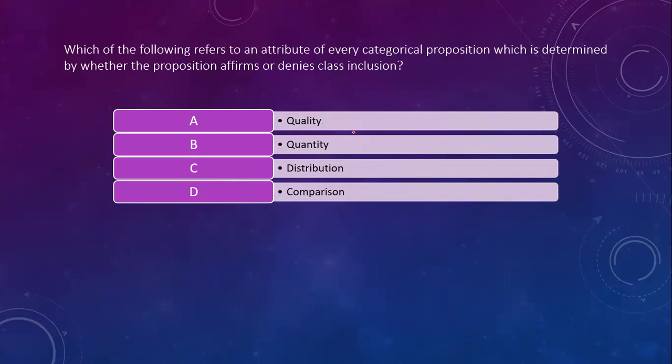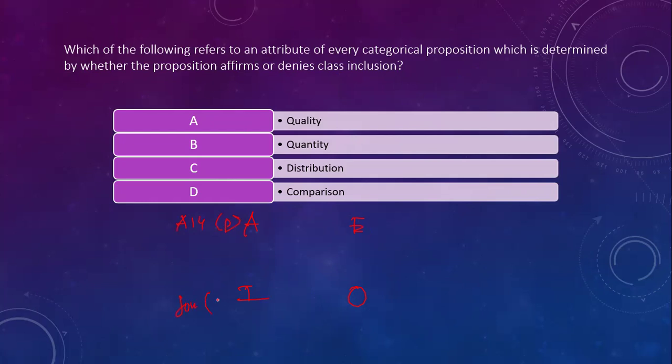Next question. Which of the following refers to an attribute of every categorical proposition, A, E, I, O, which is determined by whether the proposition affirms (positive) or denies (negative) class inclusion? Universal positive: all. Particular positive: some.